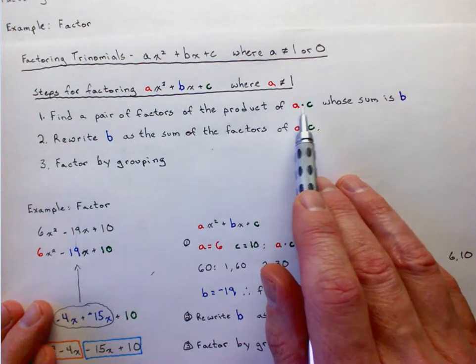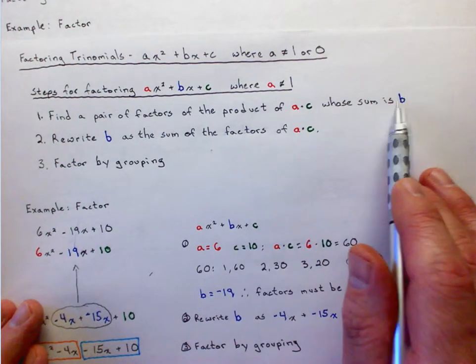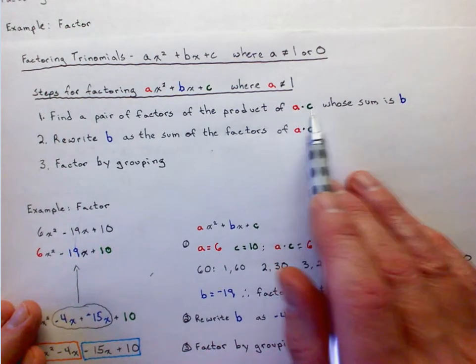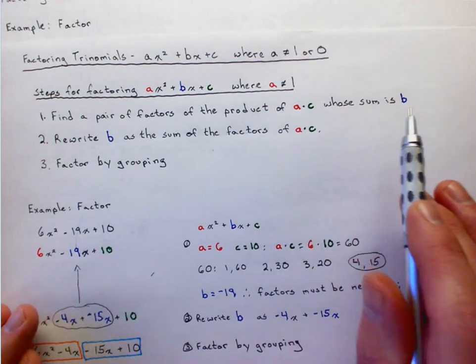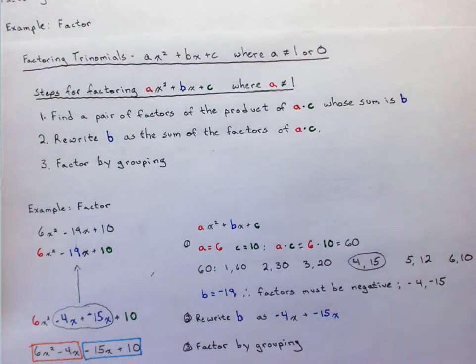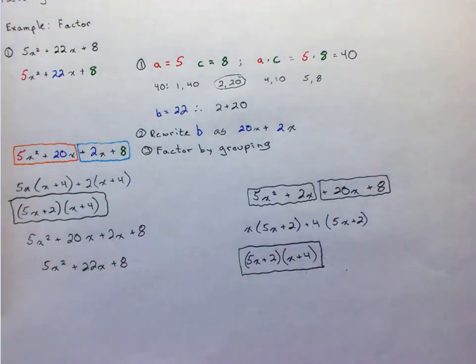Then you're going to find the factors that sum to b. So you're multiplying, then factoring, then adding, and then you're going to factor by grouping. You've all done those steps before. It's just a matter of getting the practice and repetition of doing those steps in this particular order.